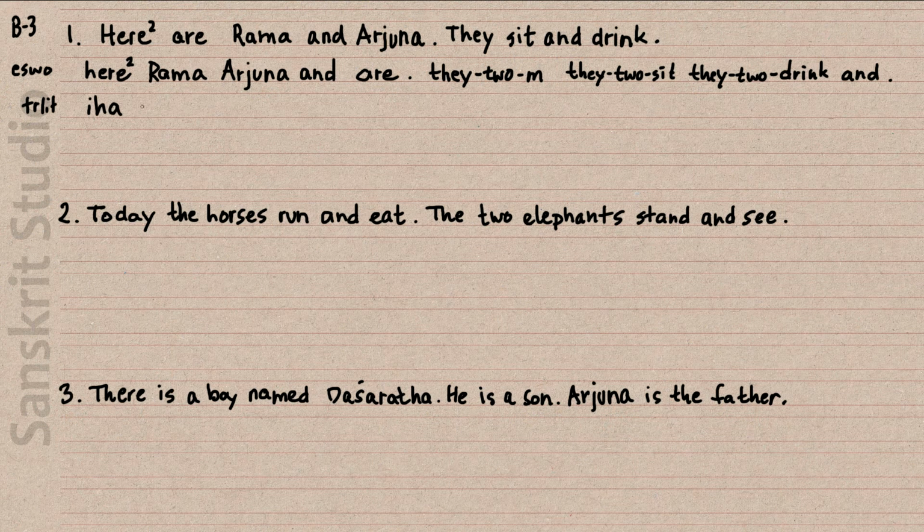And then we have Rama, Ramaha, nominative singular here, and we should team this up also with Arjunaha of the same nominative singular, and then we do the cha here, and then we do the asti.